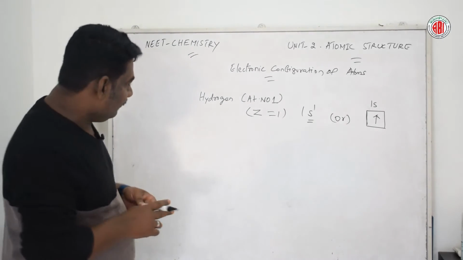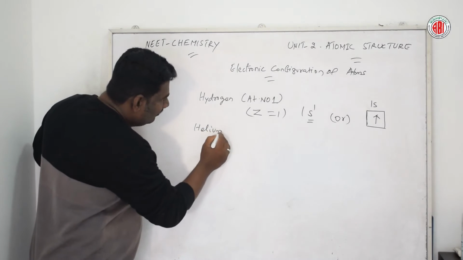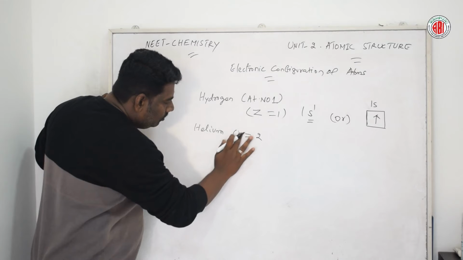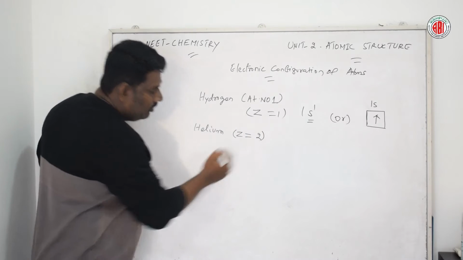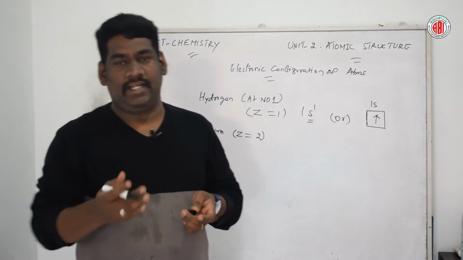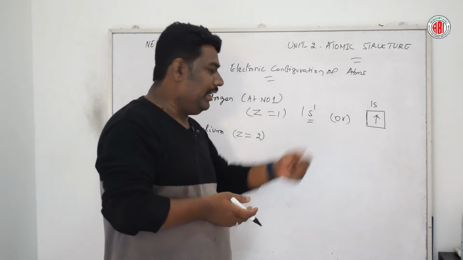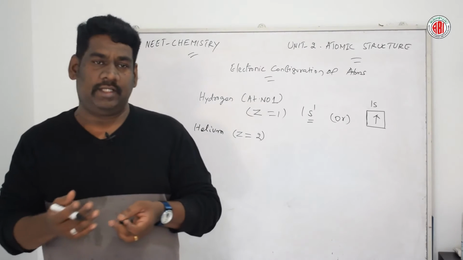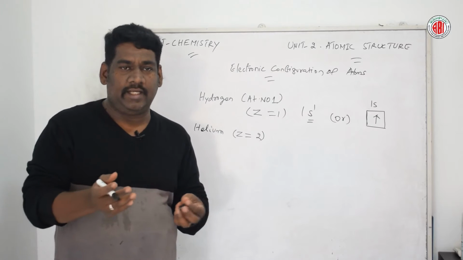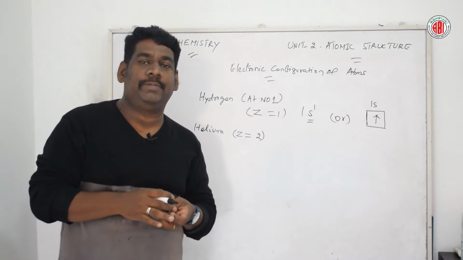Next, helium. The atomic number Z of helium is 2. The second electron can also fill the 1s orbital. We have studied the spin of the electron when discussing the spin quantum number.